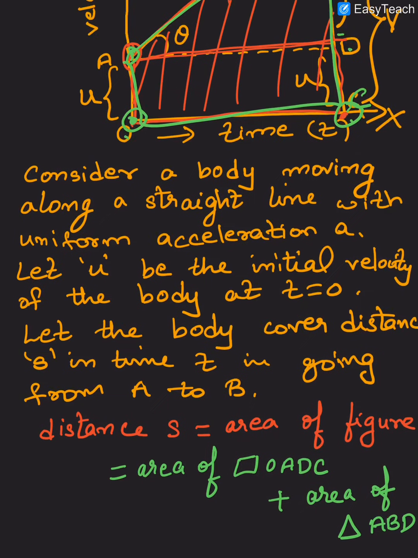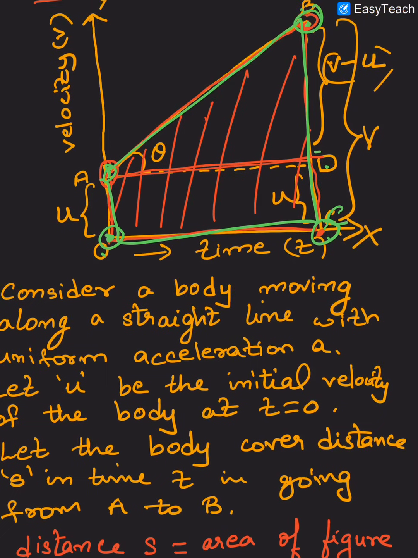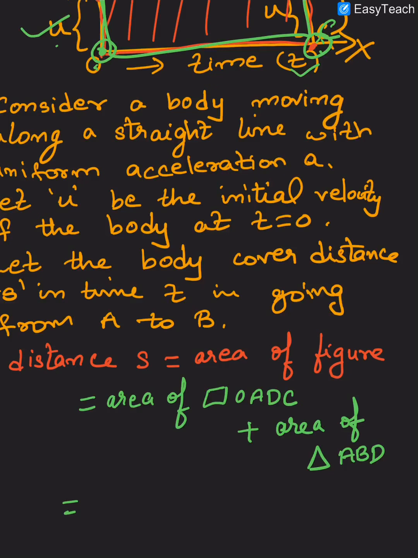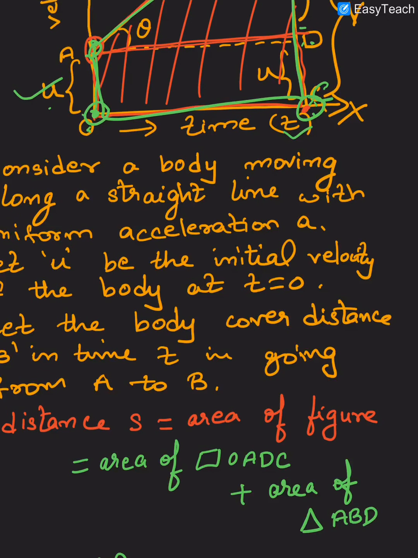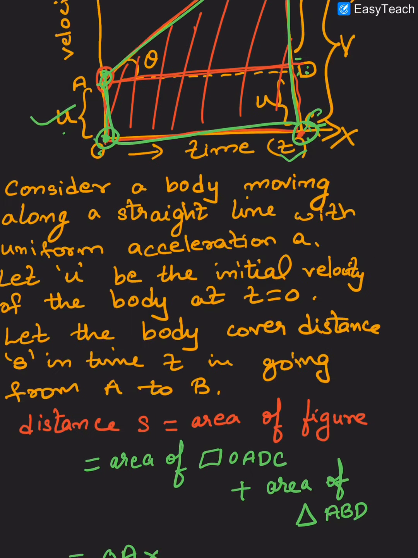Now what is the area of the rectangle? Rectangle is this portion, AOCD. This is your breadth and t is your length. So I can write this as OA into AD, with OA as breadth and AD as length.